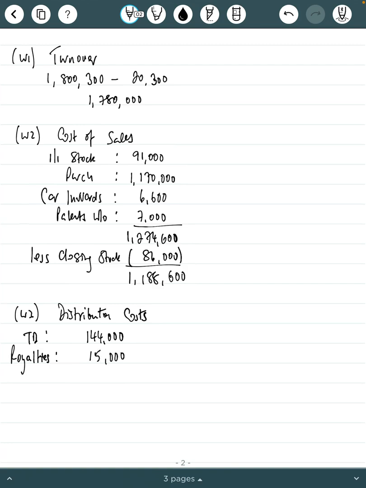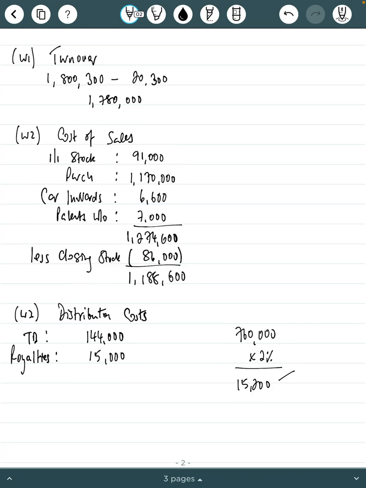Now included here then, if you come down to your depreciation, you see depreciation on buildings is 2% per annum straight line, to be allocated 40% to distribution costs. So if I come over here, you go to your trial balance. You can see your buildings at cost is 760,000. We can multiply that by 2%, and that gives us 15,200.